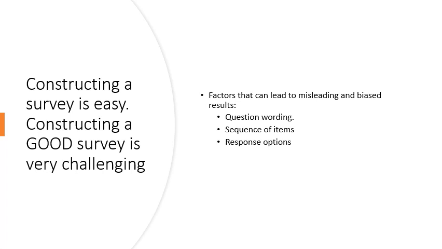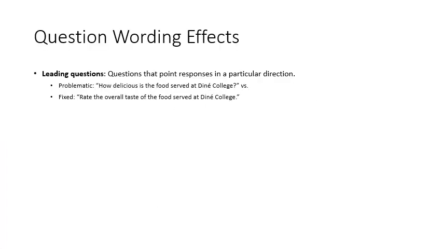And so just a few examples of things that can lead to misleading and biased results: question wording, sequencing of items, and response options are just a few. Let's look at these on the next slide. So question wording effects. Some people might have leading questions, questions that point responses in a particular direction. So here's the first bullet point, a problematic question.